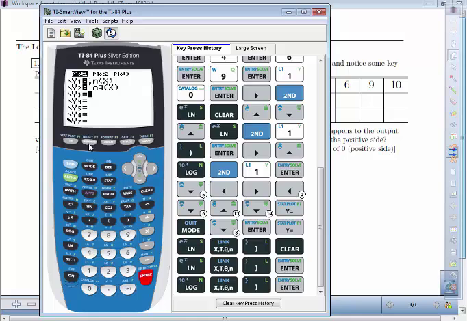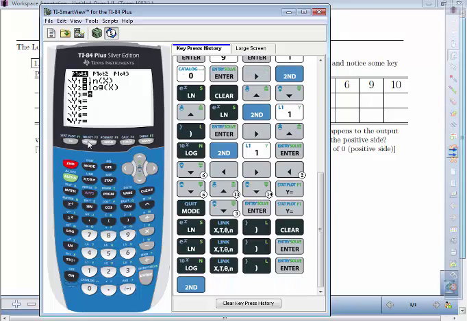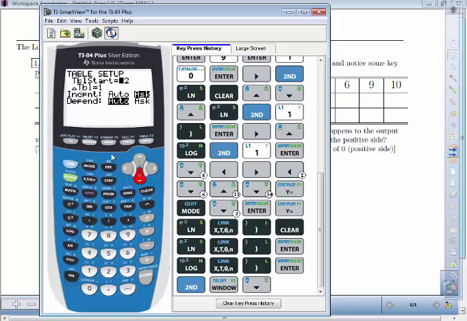And then now, if we want to make a table, we can set the table first. I usually like to have this table set so that I get to put in the values that I want. So we can go to second function and window that sets your table. And then we can start the table. Doesn't matter where you start because if you ask, the independent values are the input values, the x values.